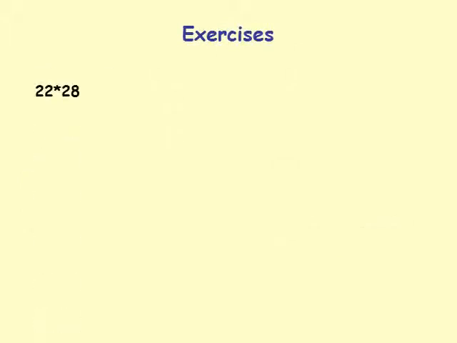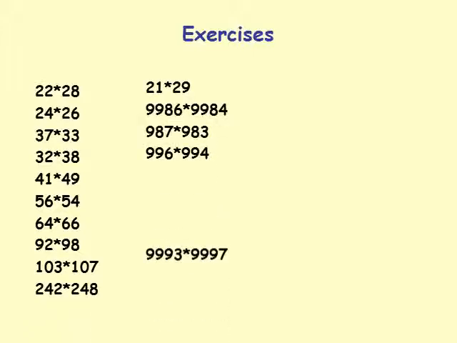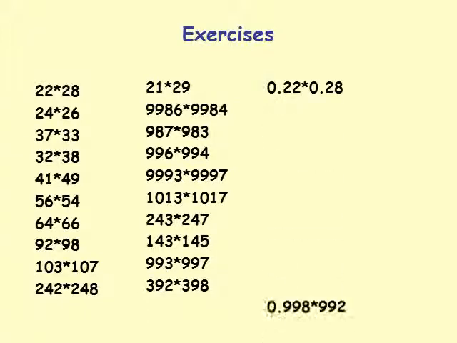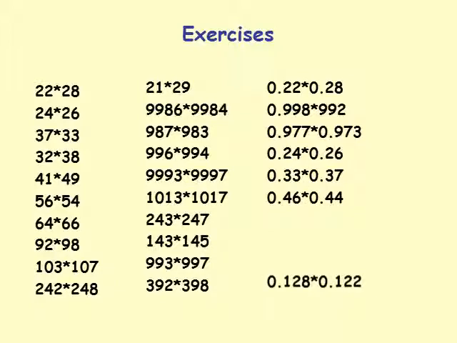Now 22 times 28, 24 times 26, 37 times 33, and some more. And these fractions now: 0.22 times 0.28, 0.998 times 0.992. Okay, let's continue.